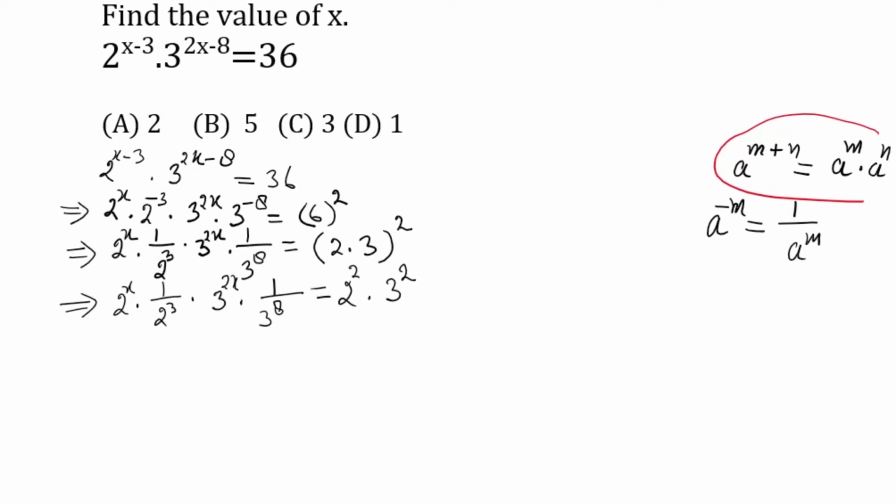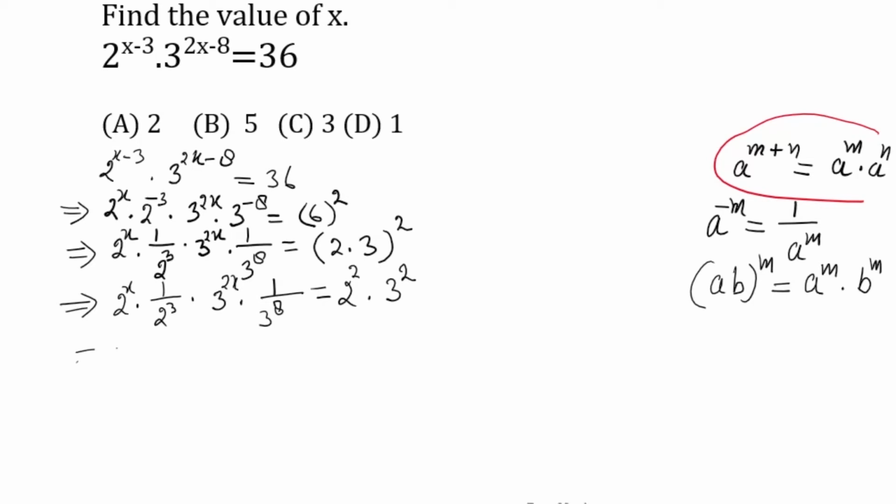Here ab to the power of m is equal to a to the power of m into b to the power of m. We are going to multiply 2 to the power of 3 and 3 to the power of 8 both sides.